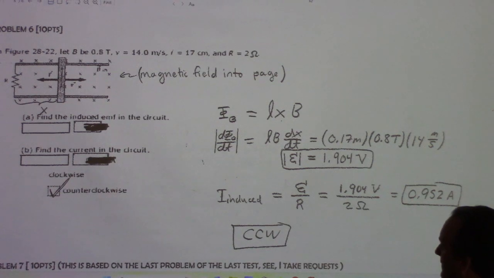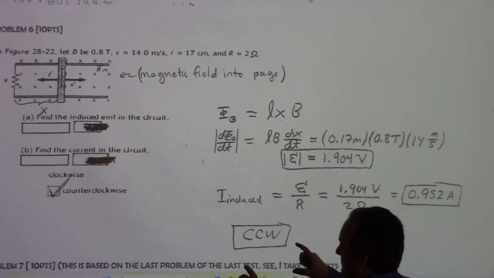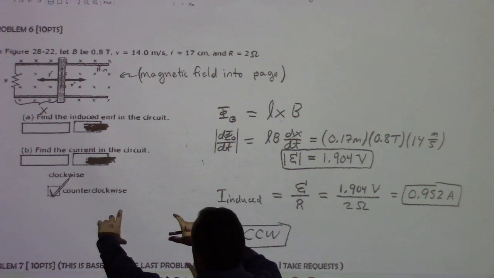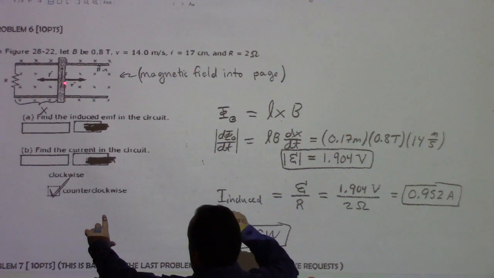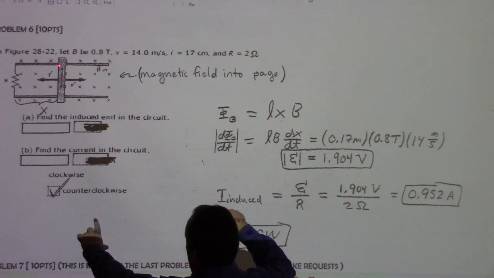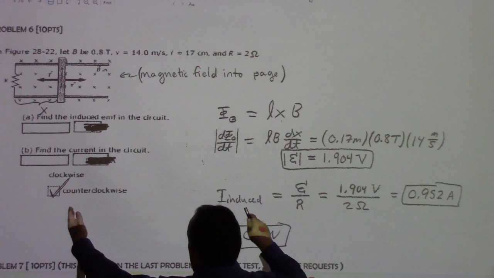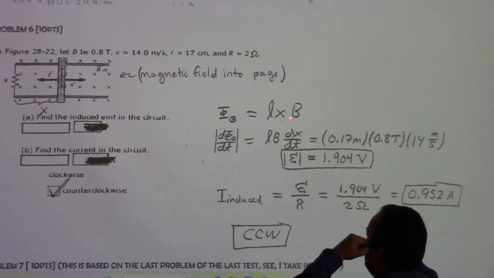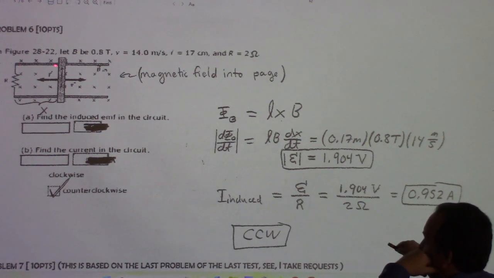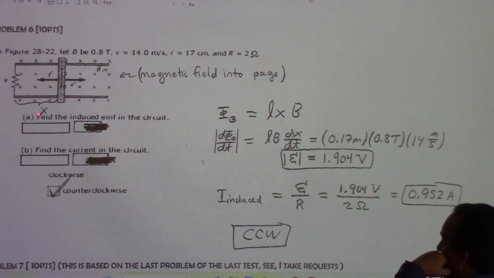As that bar slides, the flux that is encircled in this loop formed by the bar and the rails increases, because the area increases. The magnetic flux is L x B, where this is L, and that's the x.